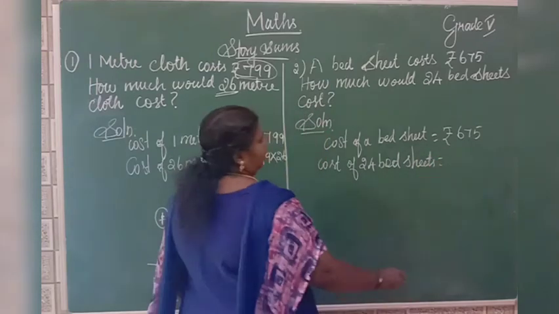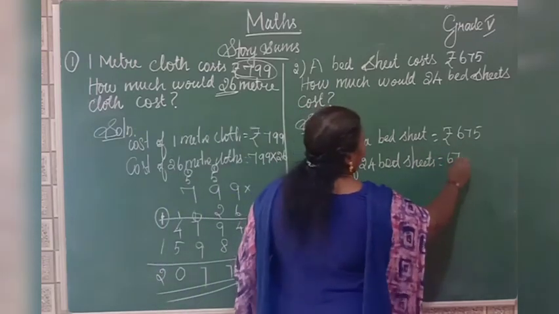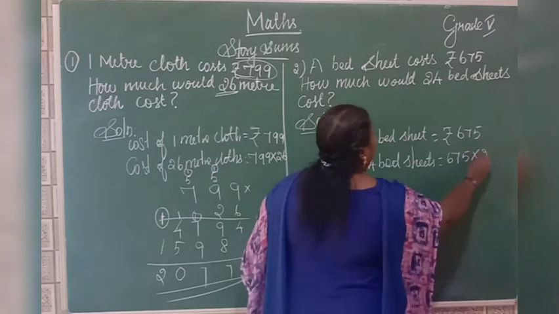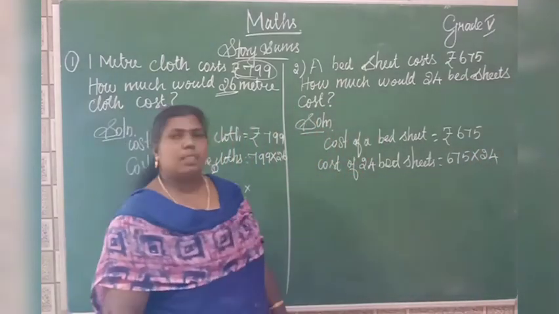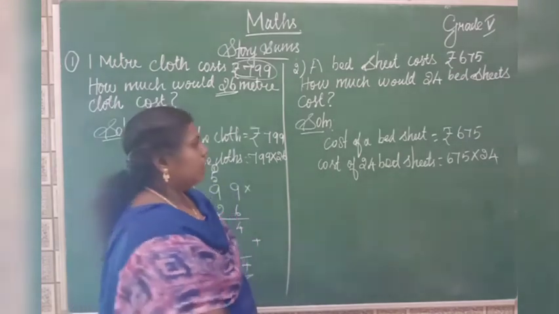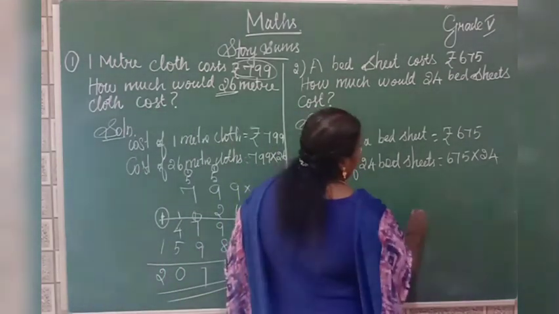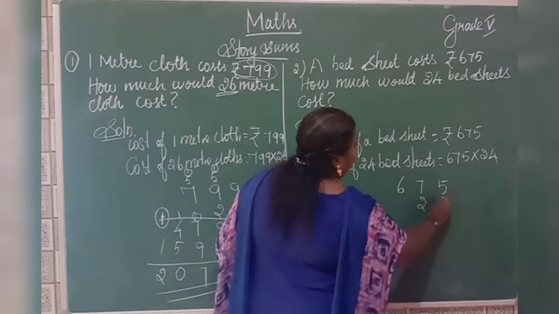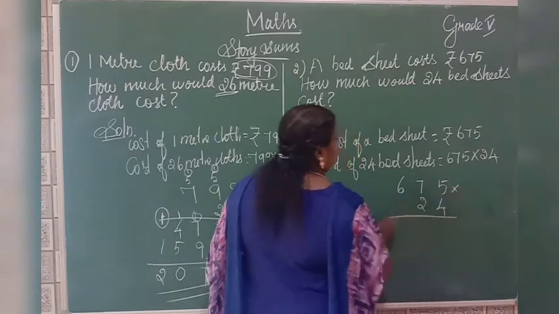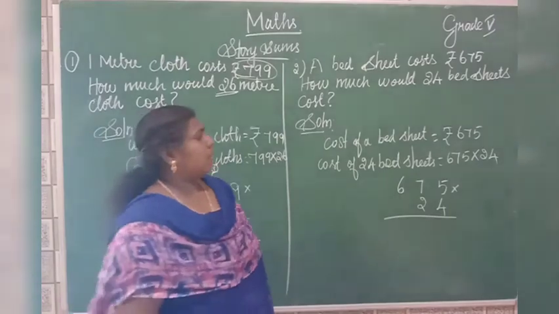How can we calculate 24 bed sheets? 675 multiply 24, right? Yes. Multiply these two values: 675 multiply 24.